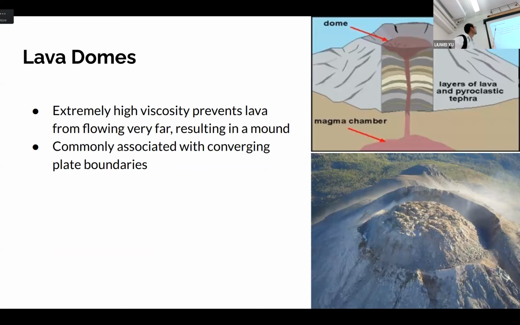And next is the lava dome. Extremely high viscosity prevents flow at the crater.